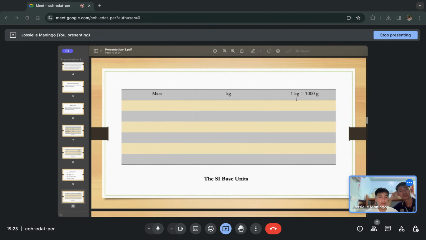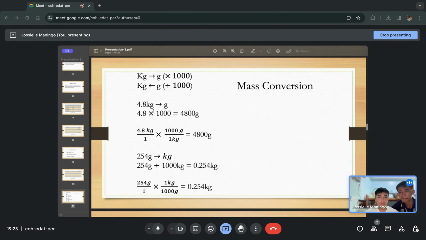And mass: 1 kilogram is equal to 1,000 grams. This is the example, guys. For the easy part, kg to grams is times 1,000, and grams to kg is divide by 1,000. For 4.8 kg to grams, 4.8 times 1,000 is 4,800 grams.